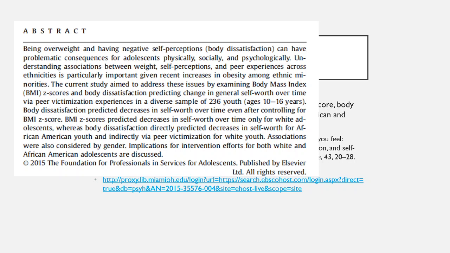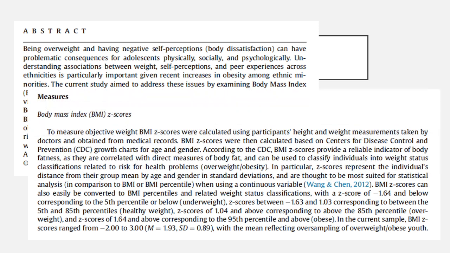So this particular article that I've linked here is an example of a paper where researchers did this standardization process. They did make sure to justify why they did that and explain that BMI is often z-transformed. And they explained a little bit about how it applied to their analyses.